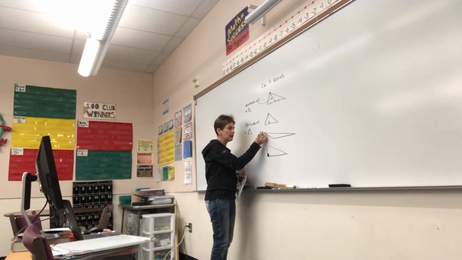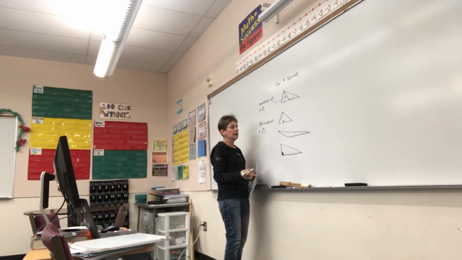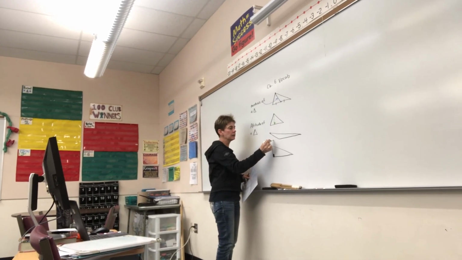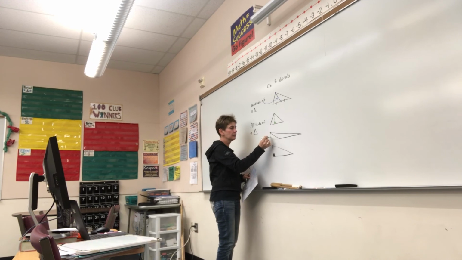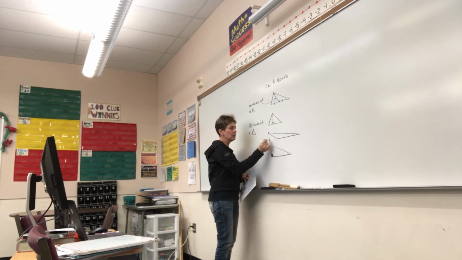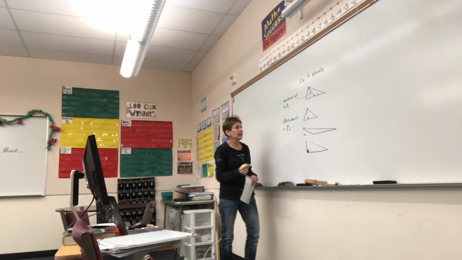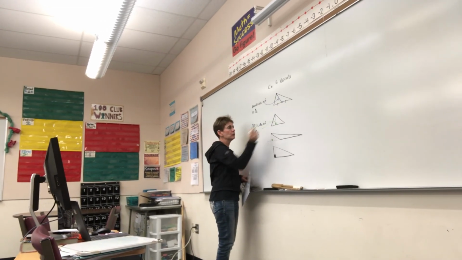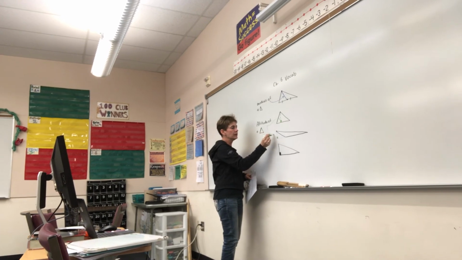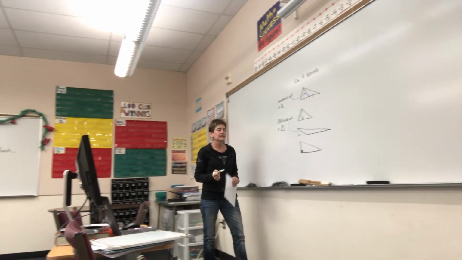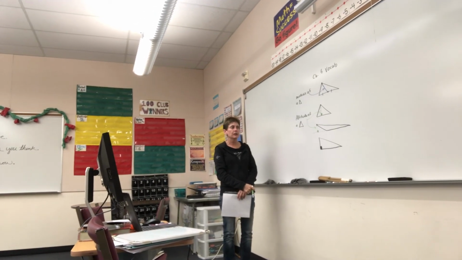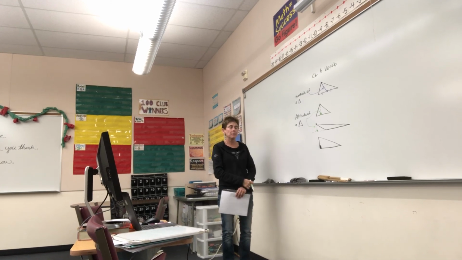So for example, if I start at this vertex here, and I want to go perpendicular to the other side, I am going to have to end up going outside the triangle. So I know that looks kind of weird, but in this case, the first case, the altitude was in the triangle. In our second example, the altitude is outside the triangle because the triangle is obtuse and we're working with that particular angle.